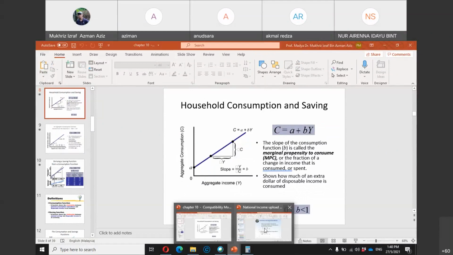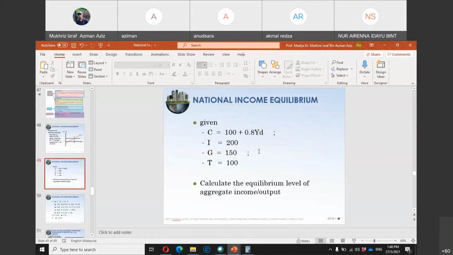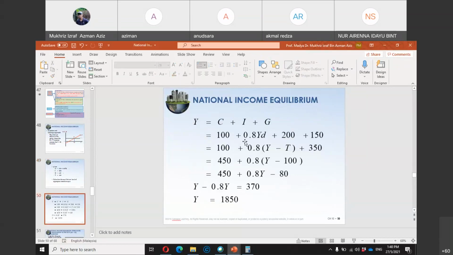But whenever you are dealing with a three sector economy, why do you need to write YD? Using this function, if you're given a simple question like this, calculate the GDP, or the equilibrium output. C is 100 plus 0.8 YD, I equals 200, G is 150, and T is 100. How do you calculate it?